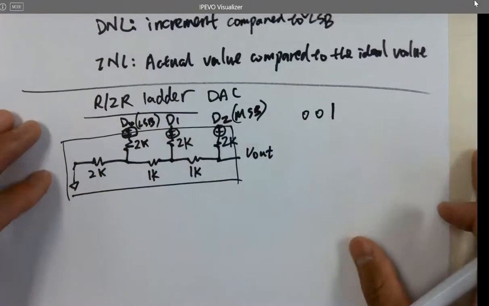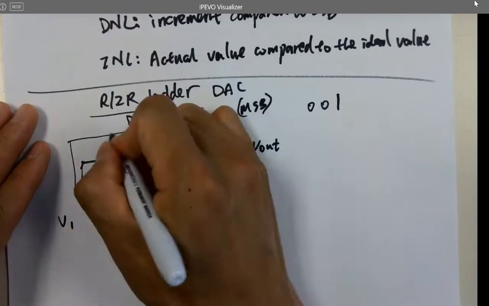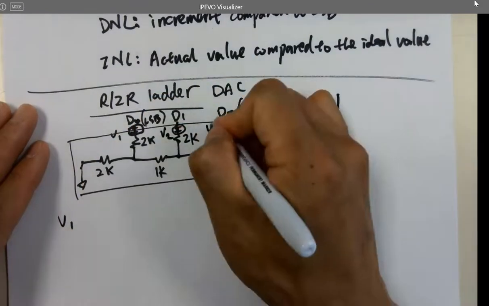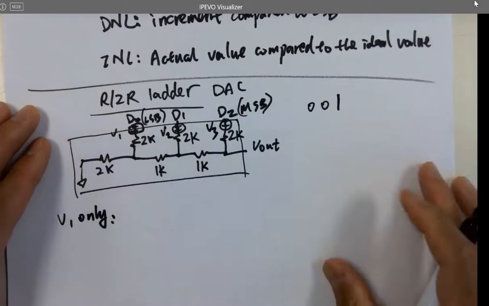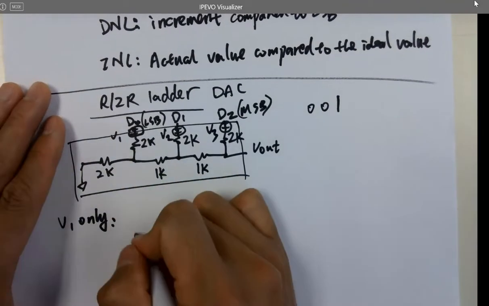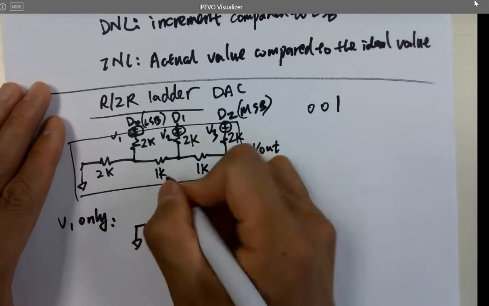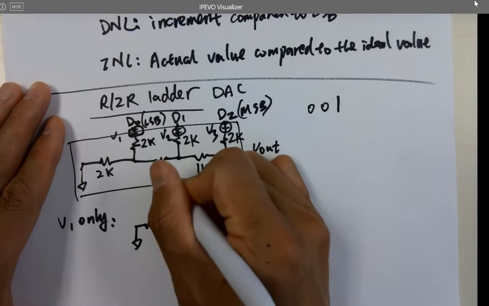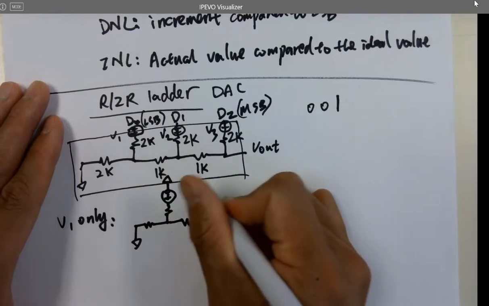It's like a superposition, right? So V1, V2, V3. V1 only, the circuit becomes grounded, right?